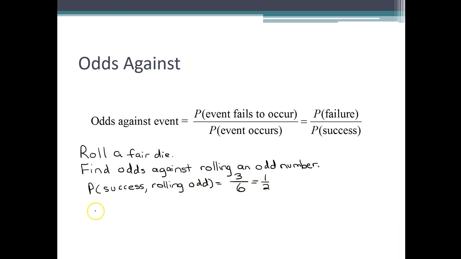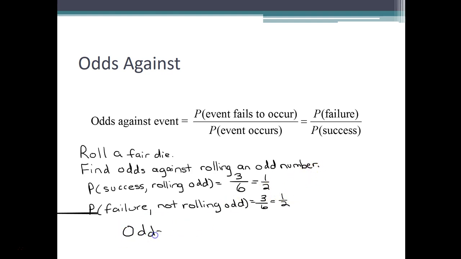And the probability of failure, not rolling odd, is also 3 out of 6, or 1/2. And what you do for odds is you put the probability of failure over probability of success. But notice that the denominators, the bottom numbers, are the same.